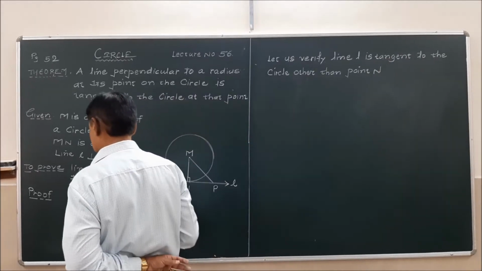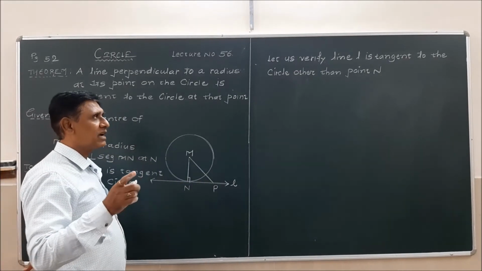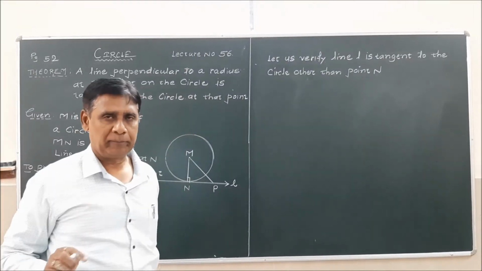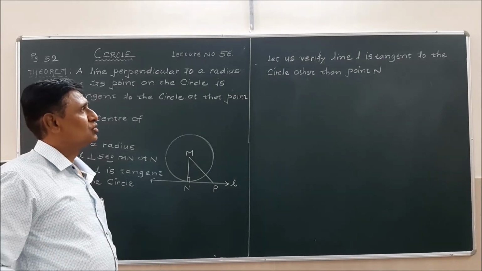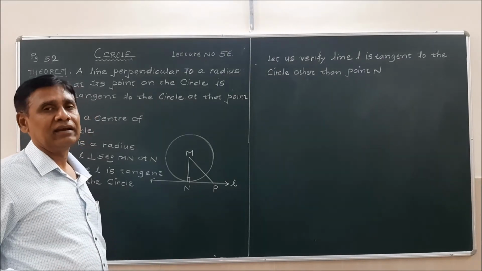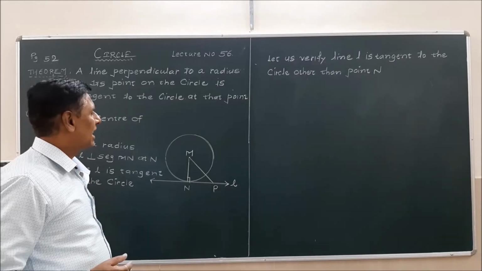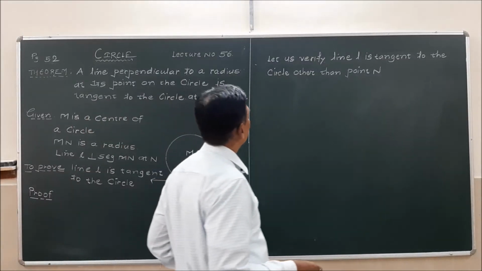Our claim is line L is tangent to the circle at point N because it makes an angle of 90 degrees at N. It is not tangent at any other point than N. But we are going to verify whether it is tangent at the point P or not.